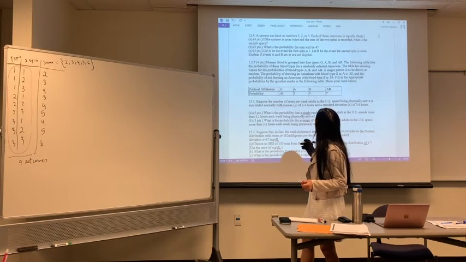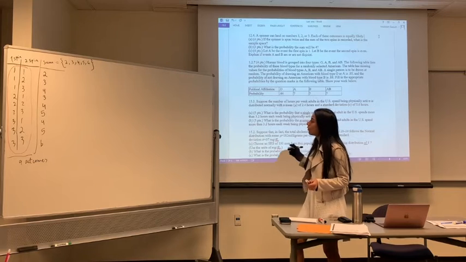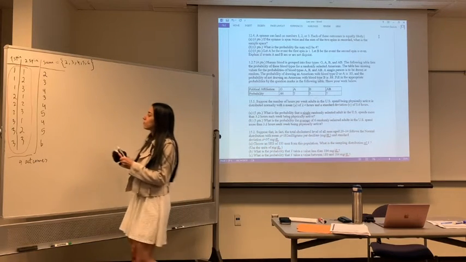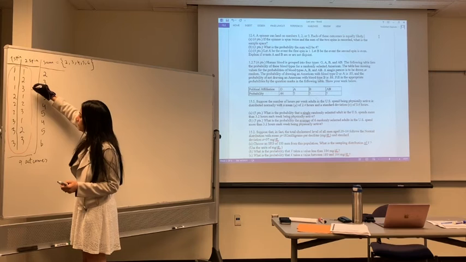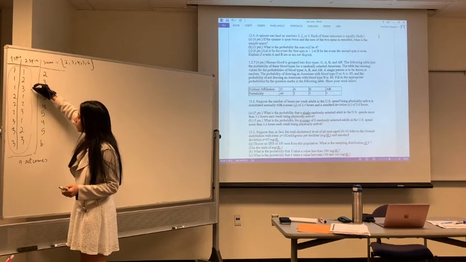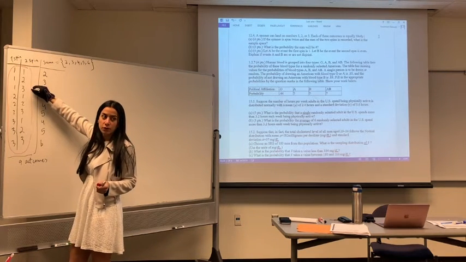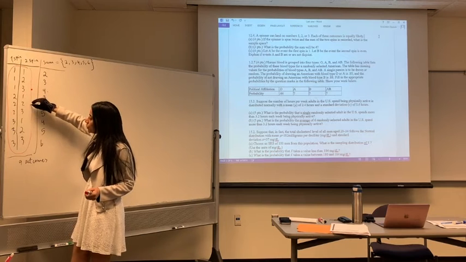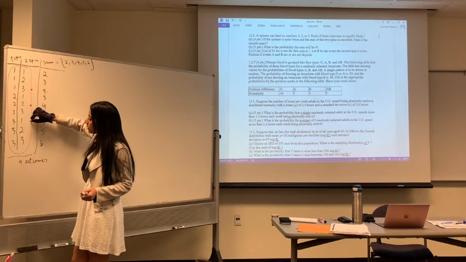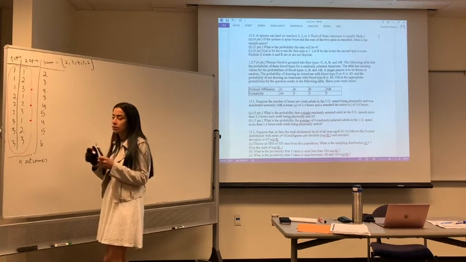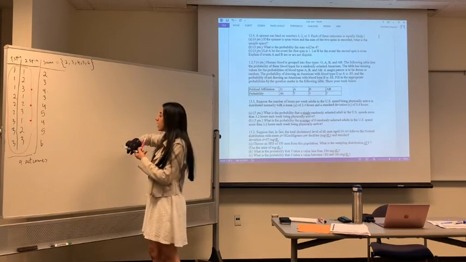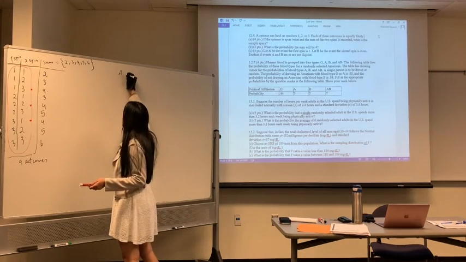It says, what is the probability that the sum will be 4? So we have this outcome, 1,3 gives us 4. And then we have 2,2 and 3,1. So I will write this down as an event.